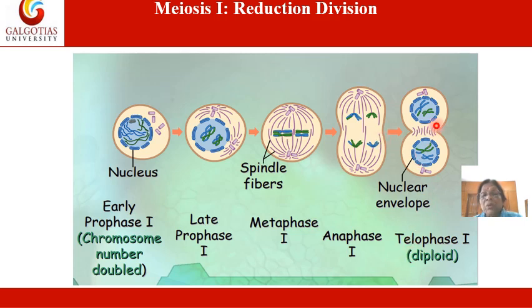So what happens during telophase? The nuclear membrane, which disappeared during prophase, appears again. The centrioles also move to the ends, and the cell starts dividing at the center. So this is the telophase stage.